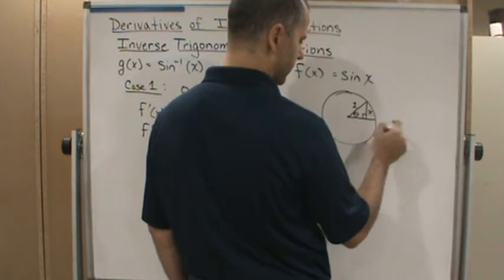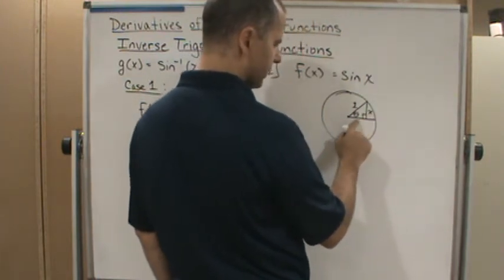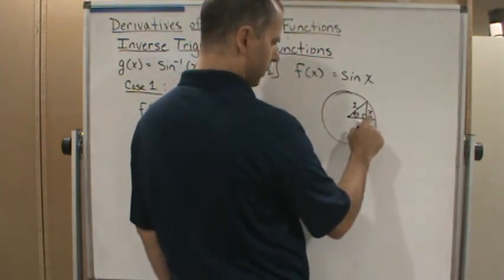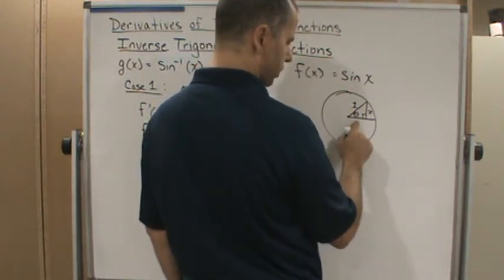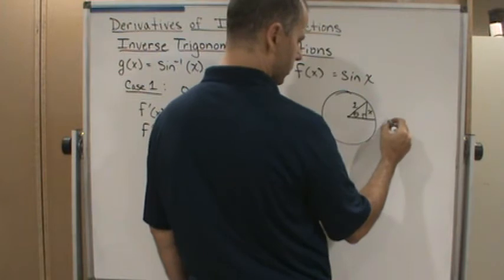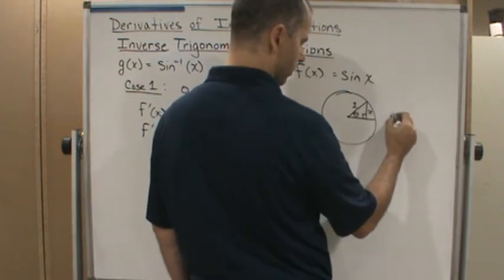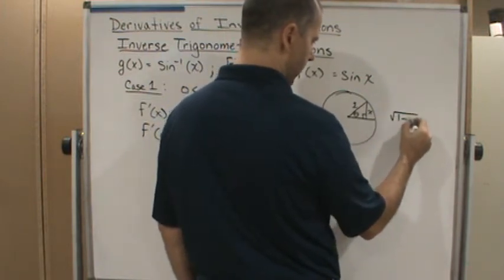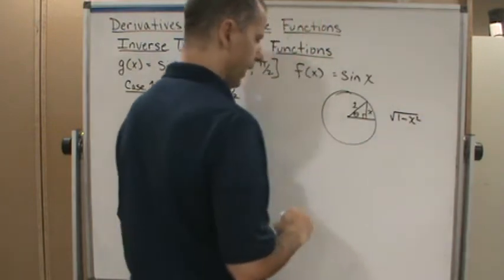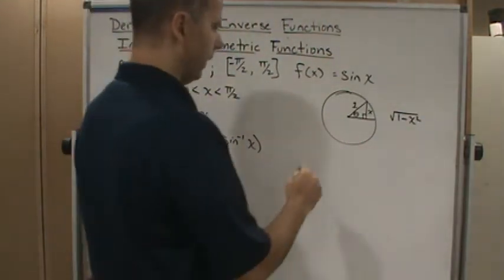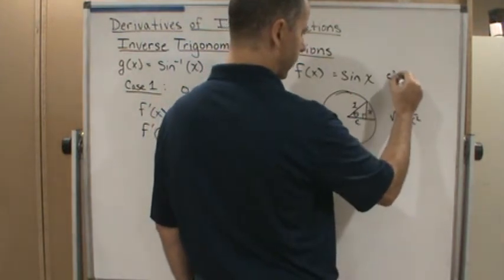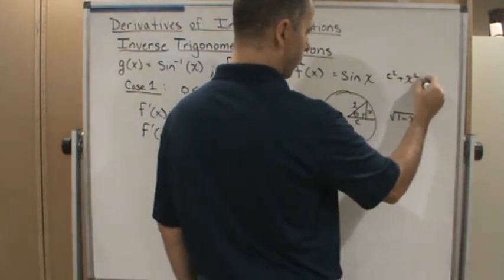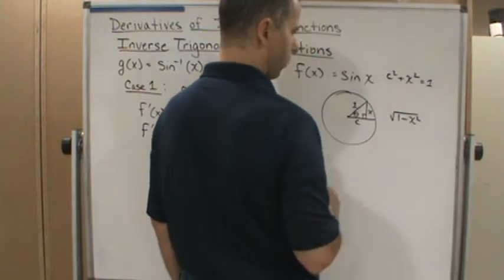If we make this side c, then c squared plus x squared must equal 1 squared, or 1.